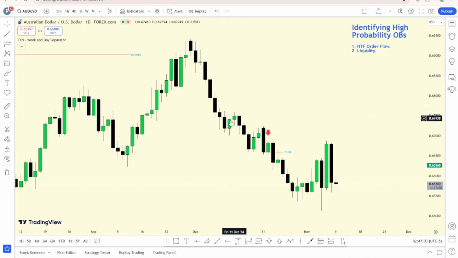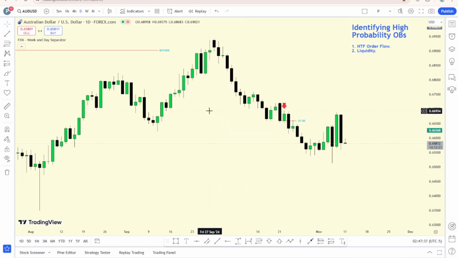Any bullish candles created on this move, because we are bearish on the weekly, becomes a high probability bearish order block. The liquidity that was taken out was that weekly liquidity, and any other liquidity run on the daily chart before forming that order block will help us identify high probability order blocks. So this is an example of a high probability order block. Once it was retested there, we got that collapse lower. This is an example of a bearish scenario.